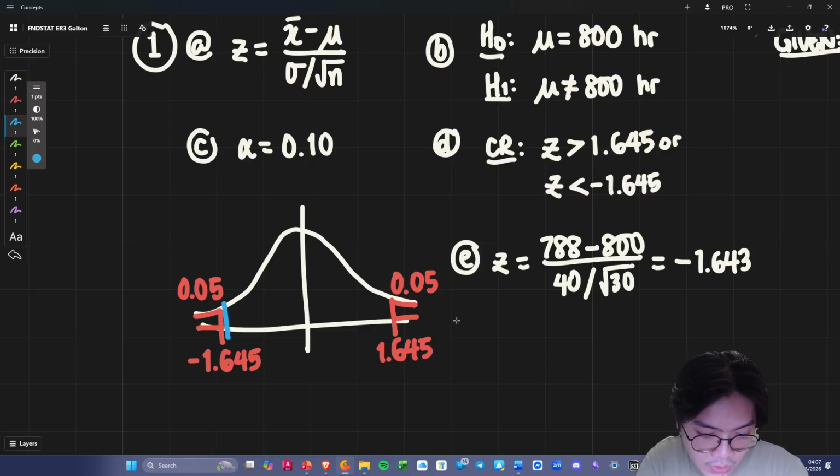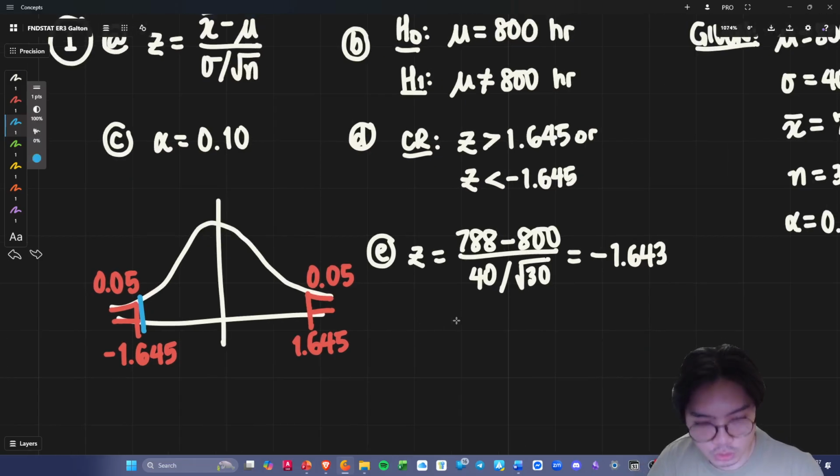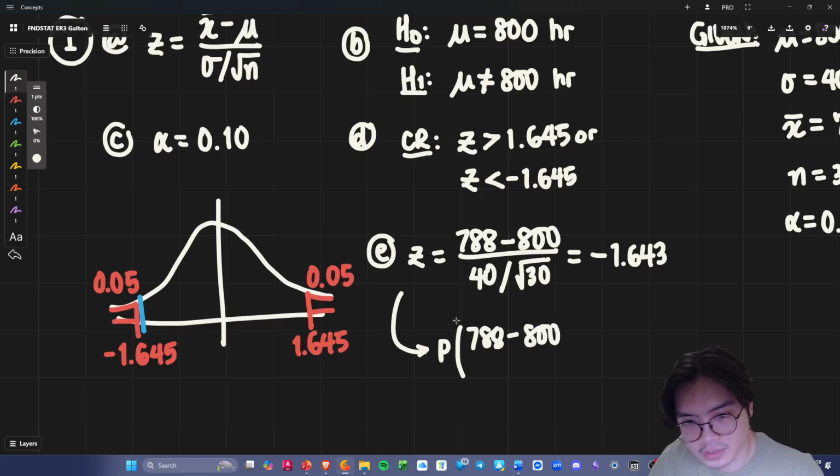So what I will do now is go to the P function in my calculator and enter 788 divided by 40 divided by the root of 30.